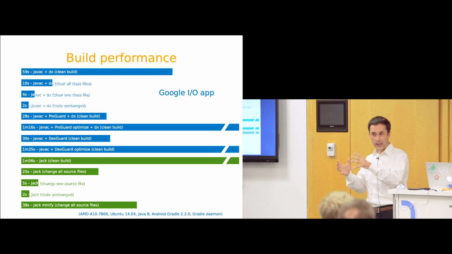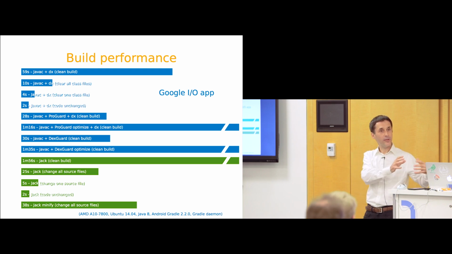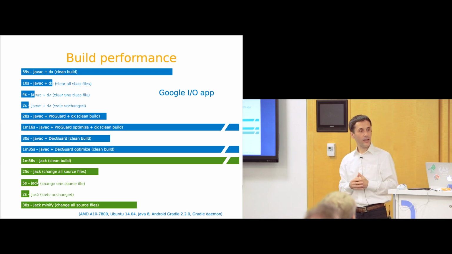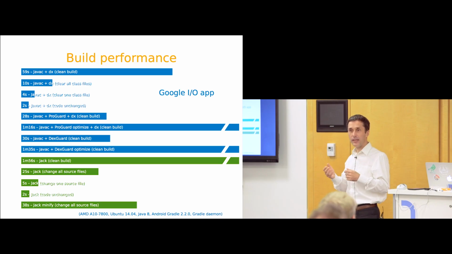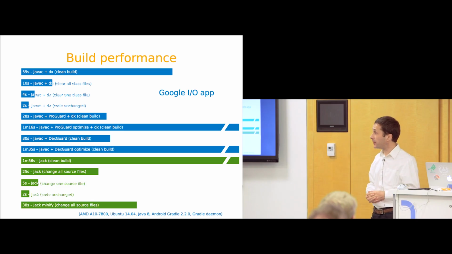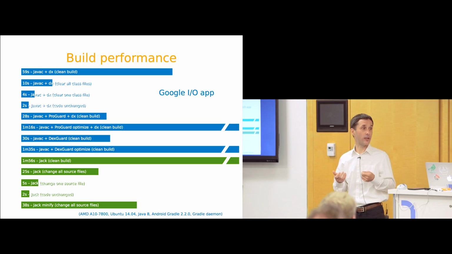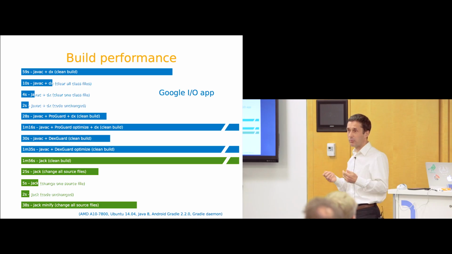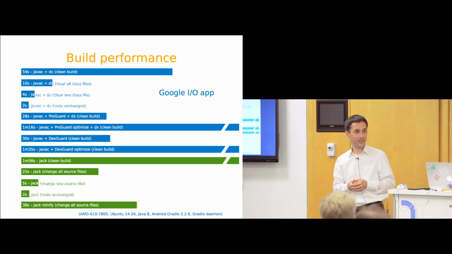And the rest of the build process then has less work to do. As a result, the overall build time is smaller. Now, on the other hand, if you also enable optimizations in ProGuard, that takes a whole lot more time, because optimizations are complex and you have to pay in build time for that.